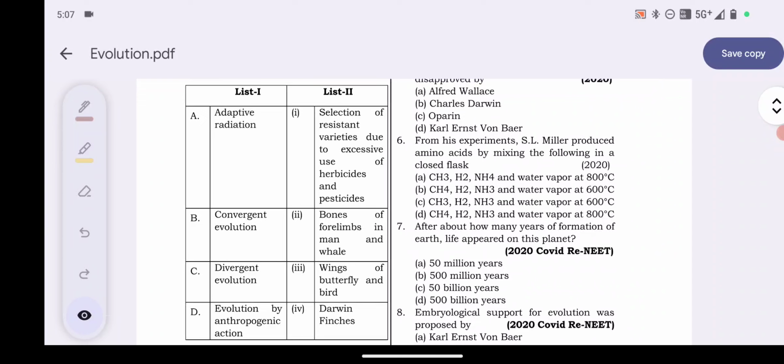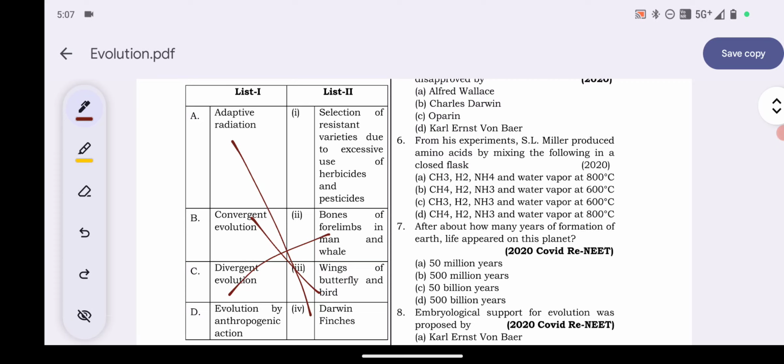And in list 2, you can see the proper answers. Adaptive radiation connects to option 4, Darwin finches. Convergent evolution connects to wings of butterfly and bird, option 3. Divergent evolution connects to bone of forelimb in man and whale.